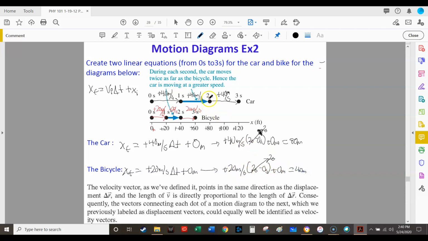So at the 2 second mark, the bike is over here. It's at a position of 40 meters. Or, I'm sorry, I should have been using feet this entire time. Darn it! It's always in the details. Let me erase this. Oh boy, gotta erase all the meters.